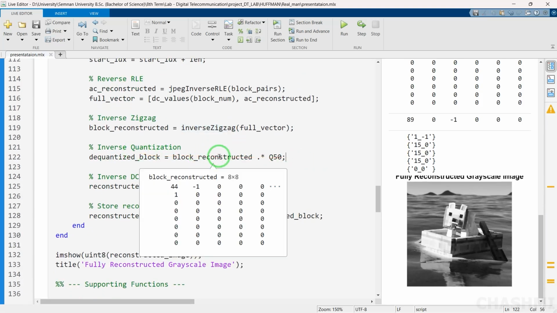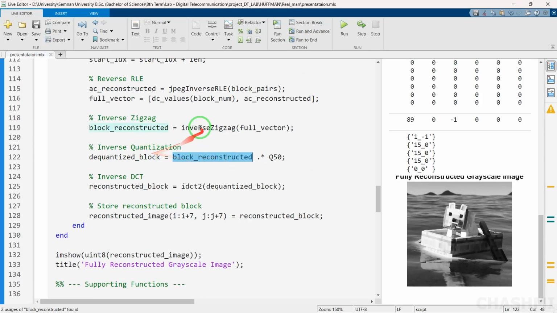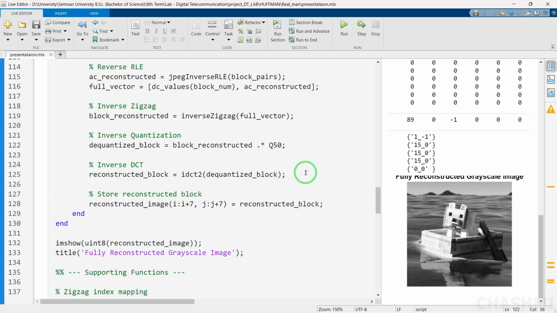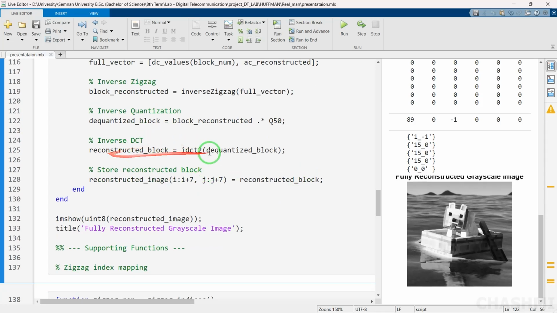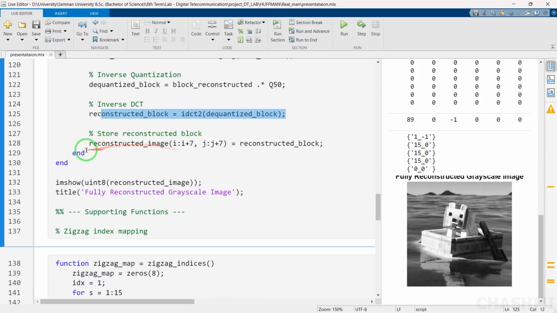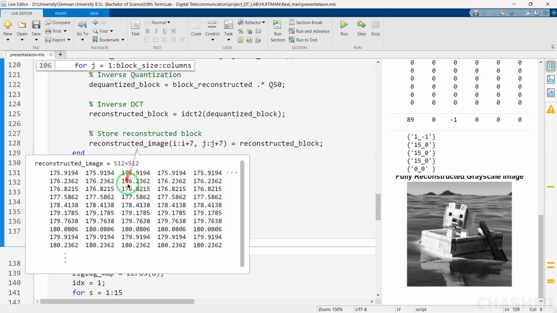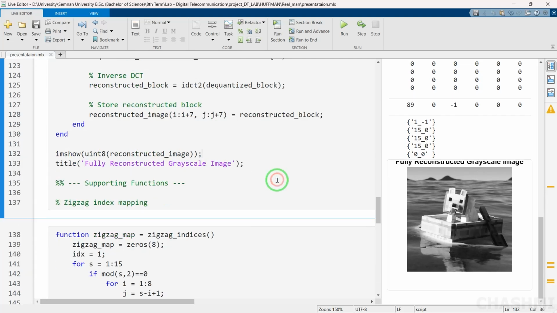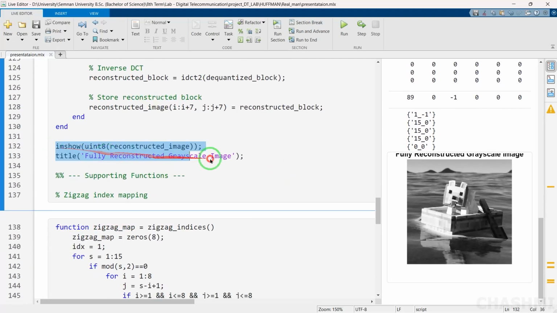Then the quantization is now 8 by 8 because we did the inverse zigzag, and we multiply it by the same constant we had because we are just doing the dequantization. Then converting to the spatial domain and reconstructing the signal. It's just reconstructing it to 500 by 512. Here 500 by 512. Then you show it and put a title.